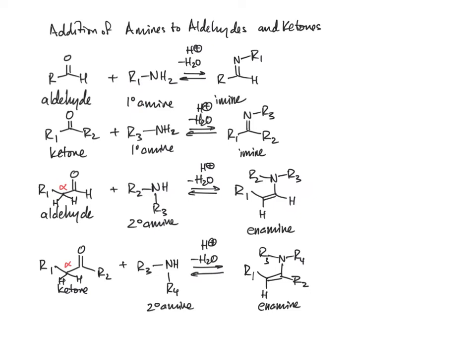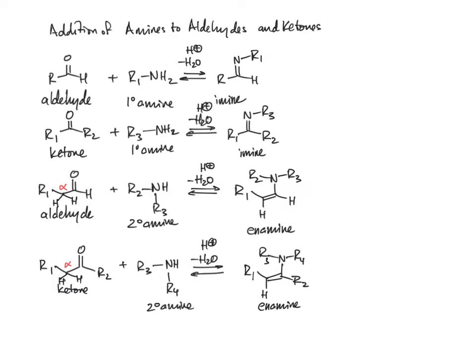So one other thing that we have to be cognizant of is that we're forming double bonds. So as we know from alkenes, we can have cis or trans geometry. So what I'll do is in just blue show you the comparison.